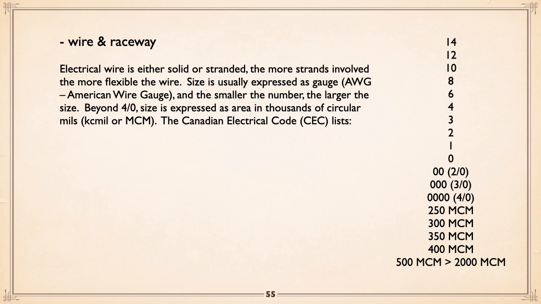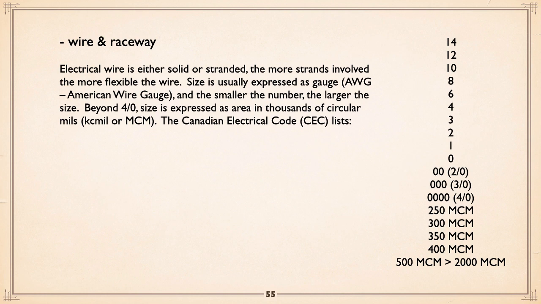And unlike conventional wire, which can be a bear to bend, this thing is surprisingly flexible because it has so many conductors. Typical wire sizes under the Canadian Electrical Code, and I think you'll find in the NFPA code in the States, you're not allowed to use anything smaller than 14 for any service.